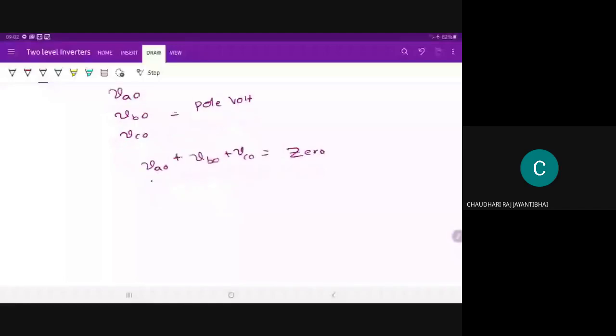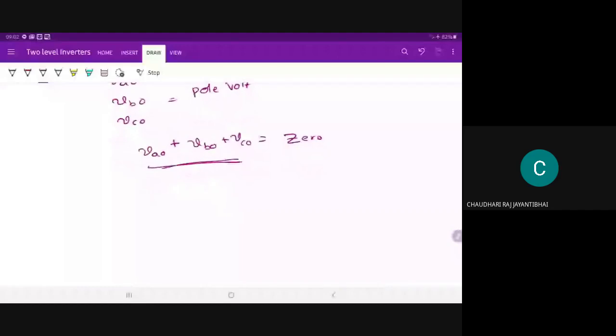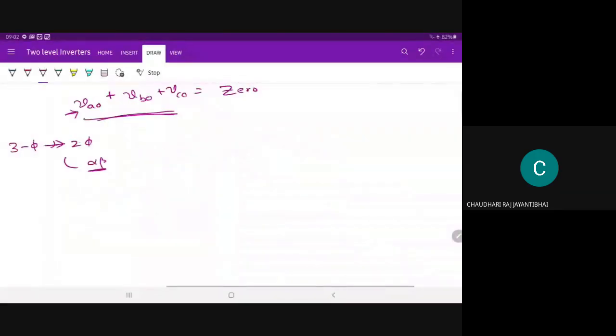So now we will convert these 3-phase pole voltages to 2-phase by using the alpha-beta reference frame. So now we have this V alpha term and this V beta term.